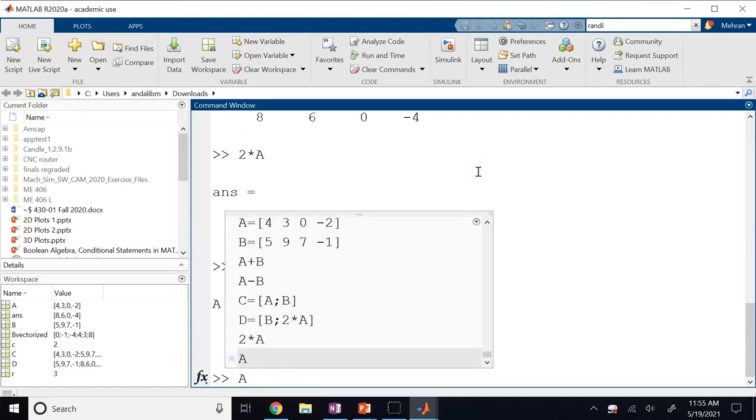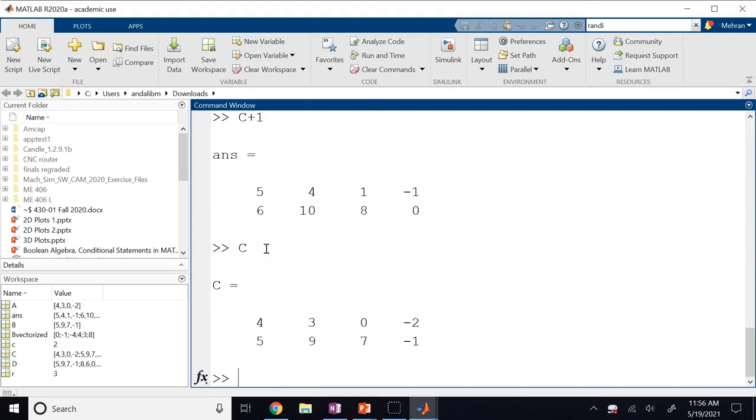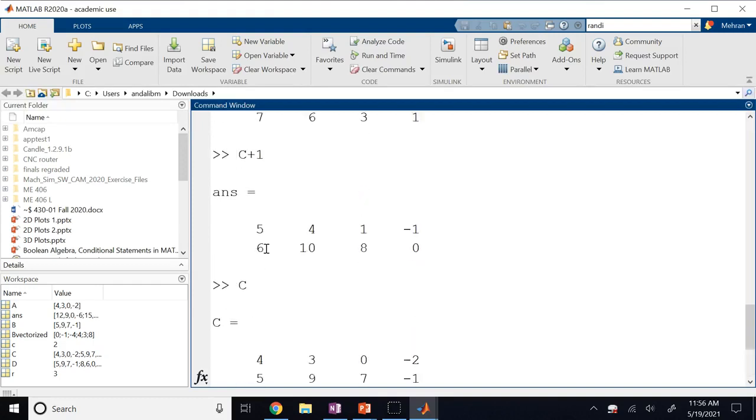Or when I say A plus 3, what am I doing? I'm adding this 3 to every single number in A, as you can see. So yes, I can add a number or multiply a single number by entire vector or entire matrix. So I can say C plus 1. You see, this is C, that's C plus 1. Every number is added a 1 to it. Or 3 times C, right? Everything is multiplied by 3.